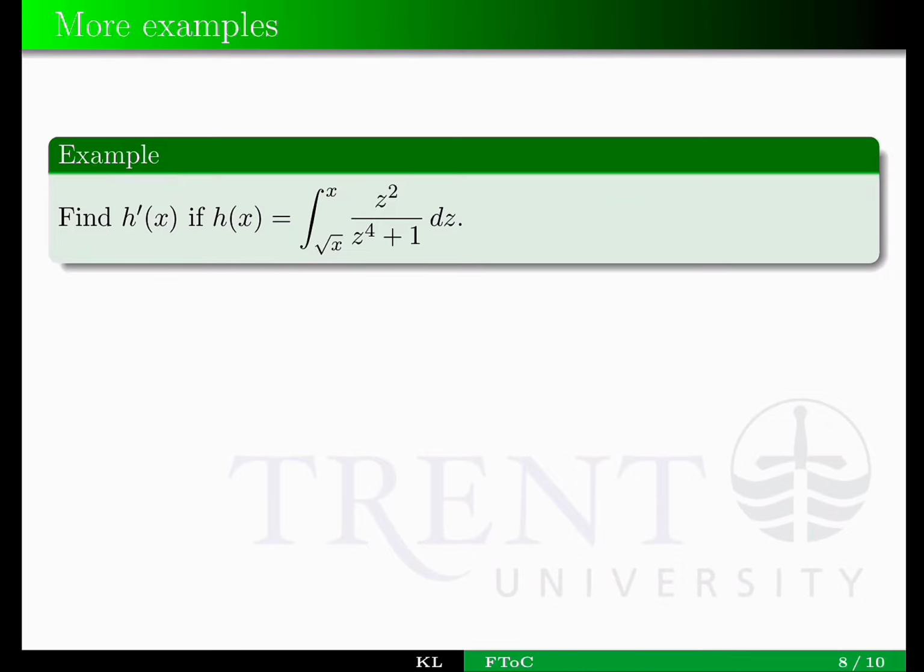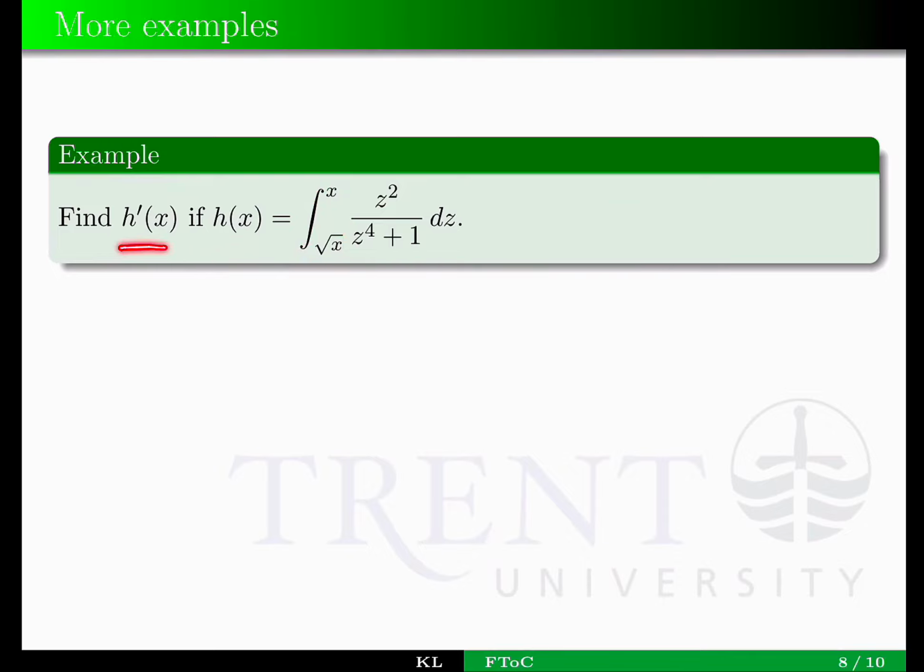Now, let's look at some more examples. We want to find h prime of x if h of x is this way. If you look at this, the upper limit of integration is x. The lower limit of integration is square root of x. Both upper and lower limits of integration are in terms of x.